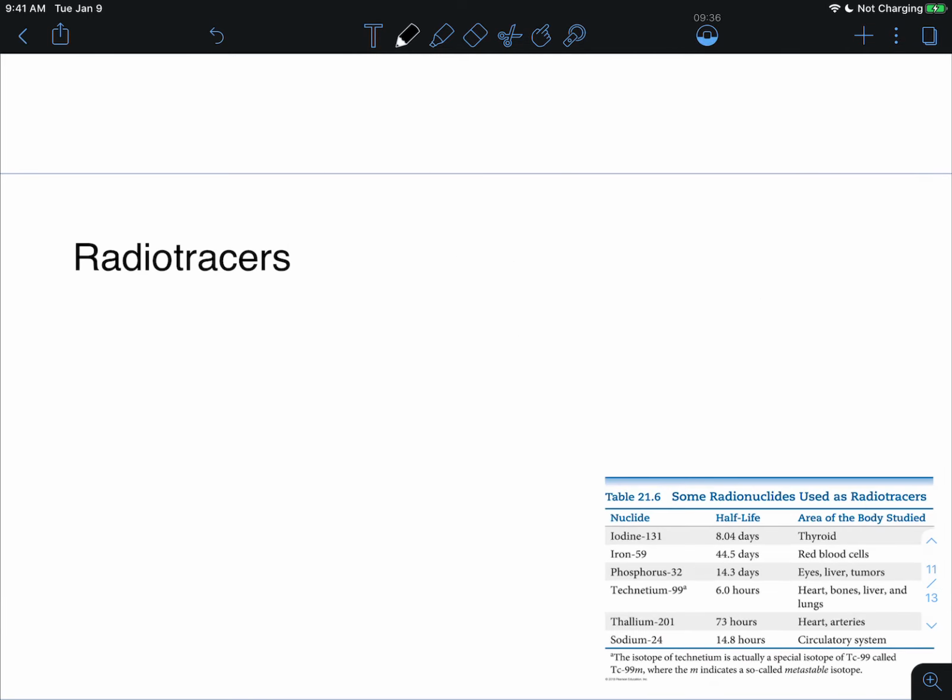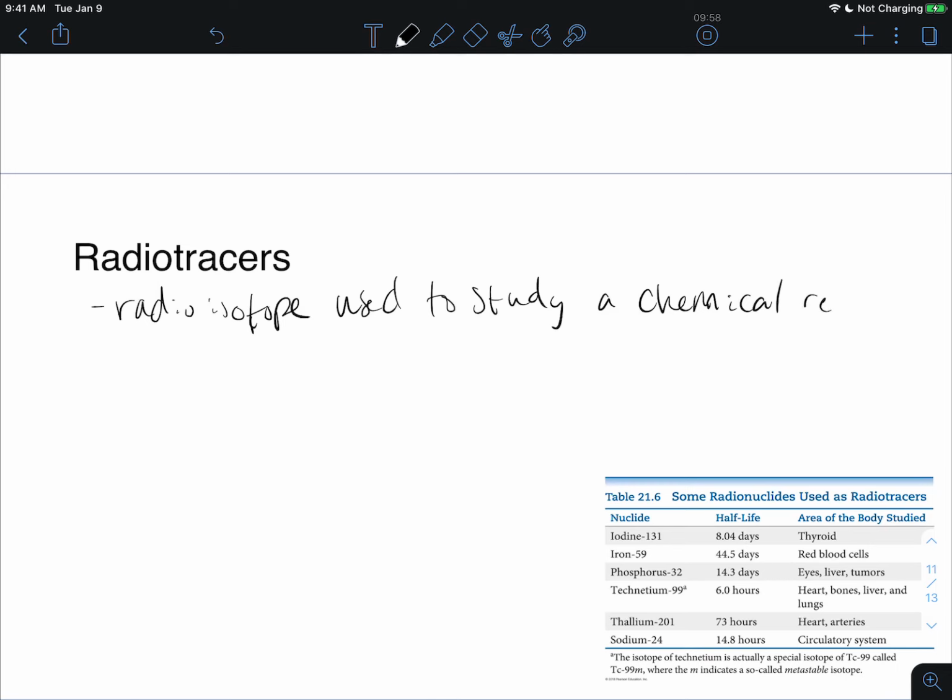Last thing I want to talk about is radio tracers. So we're going to switch gears just a little bit. A radio tracer is a radioisotope used to study a chemical reaction. Okay, here is a table of some radionuclides that are used as radio tracers.